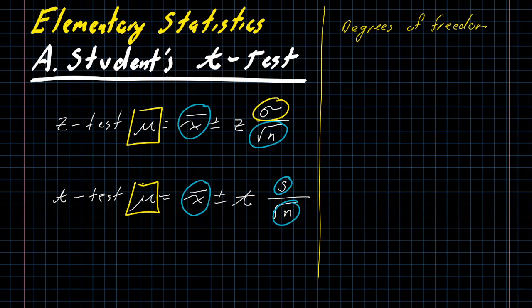And the idea of a degree of freedom is when you calculate the things that you have calculated. In the case that we are going to be using, we want to use X bar as an estimator.